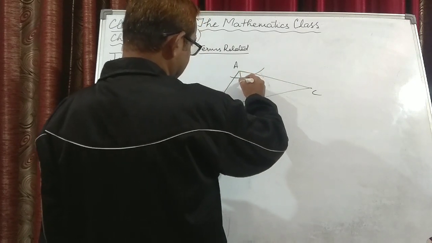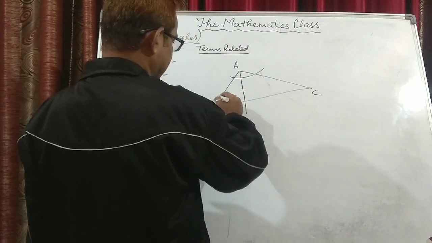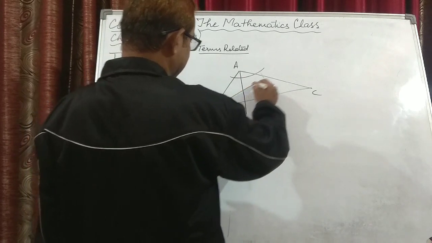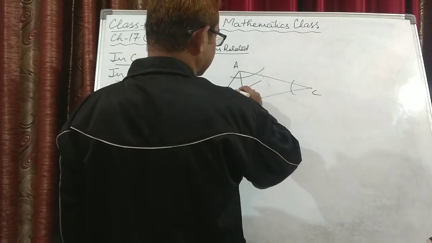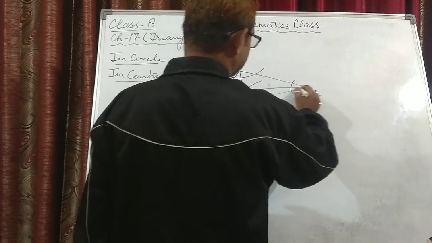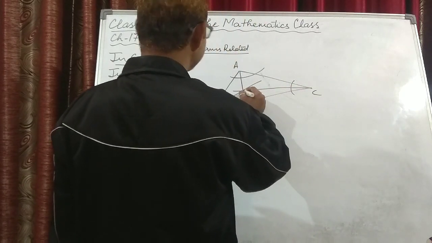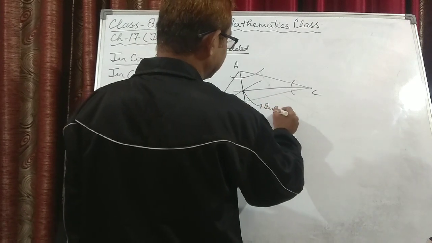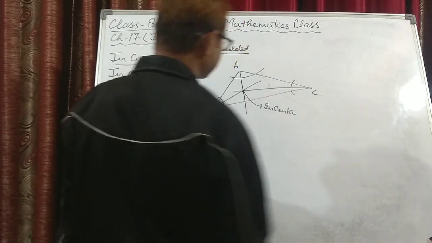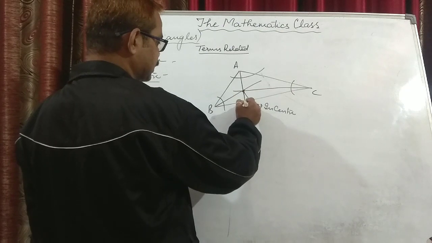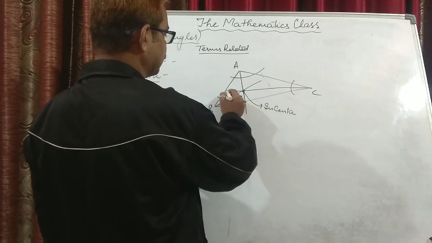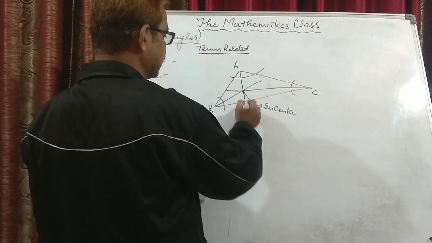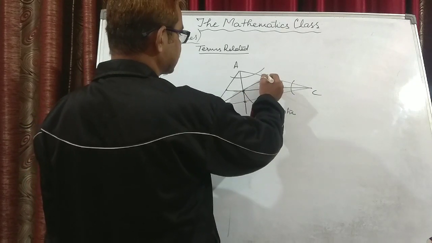Now this is a bisector, let us say, and then this is the bisector, and then this is the bisector of a triangle. So this point is known as the incenter. Why is it known as incenter? Because this distance and this distance as well as this distance are equal.